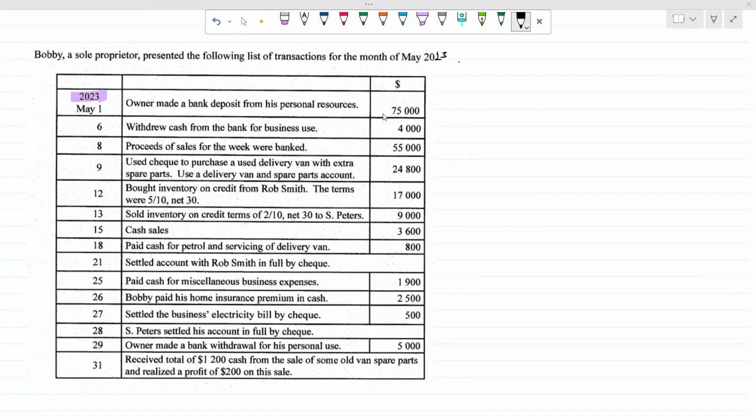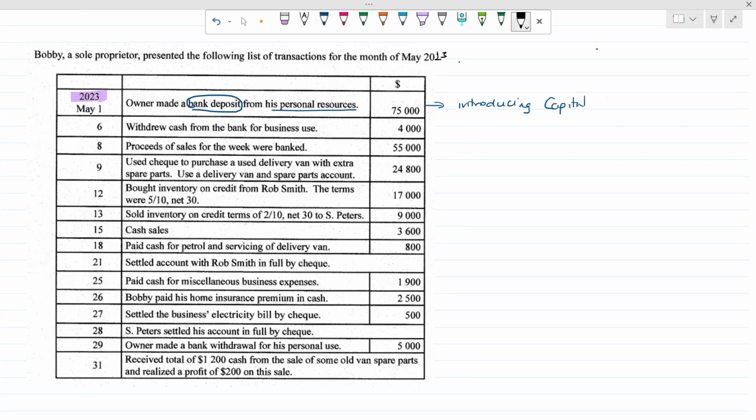So this is double entry record keeping. He made a bank deposit from his personal resources. What is he introducing into the business? So you're introducing capital into your business. That's correct.